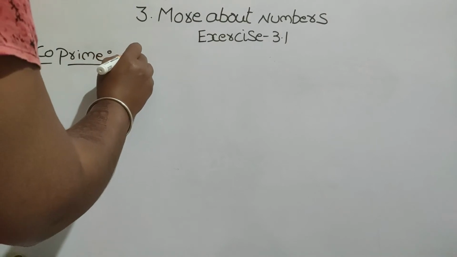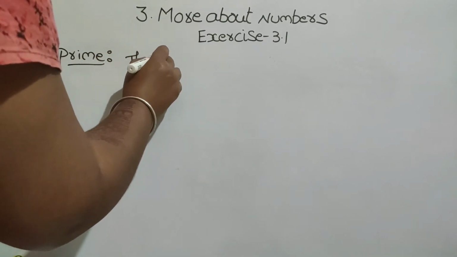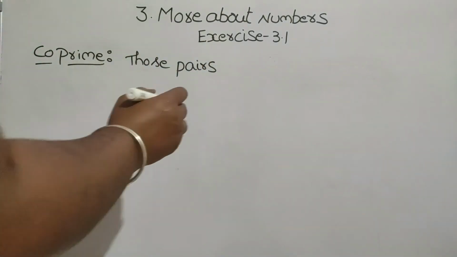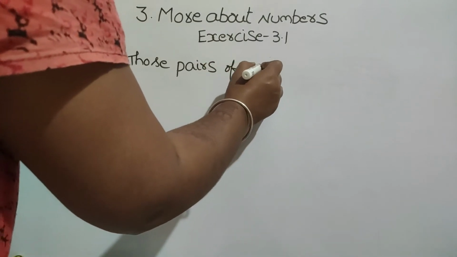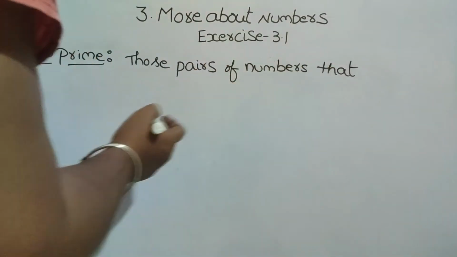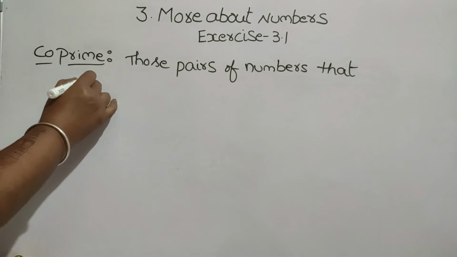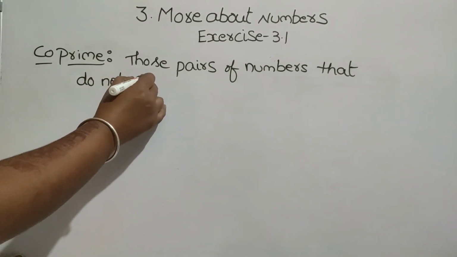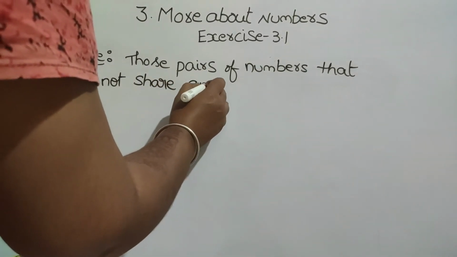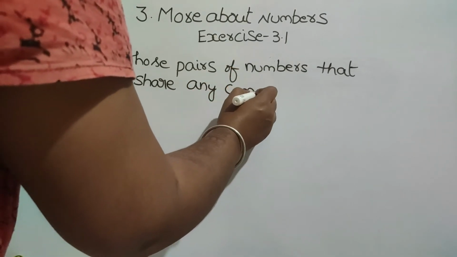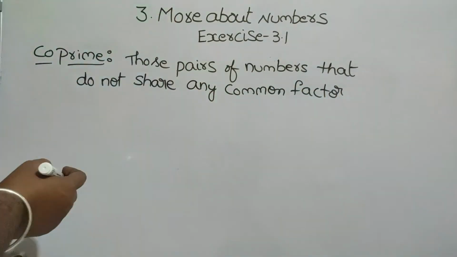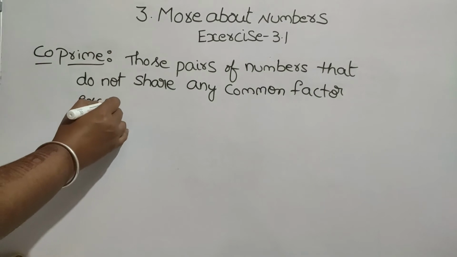Coprimes are those pairs of numbers that do not share any common factor except for one.